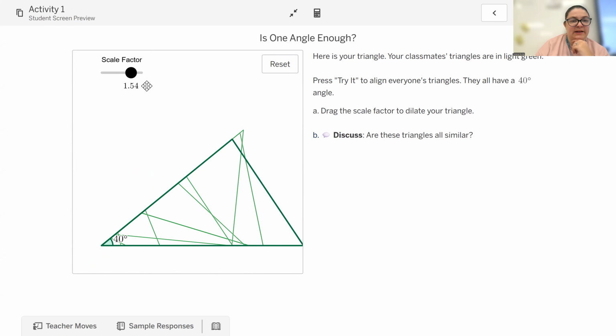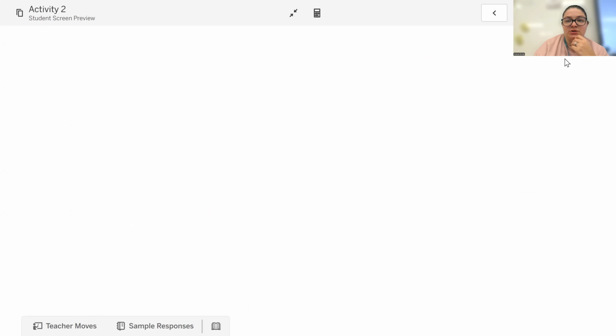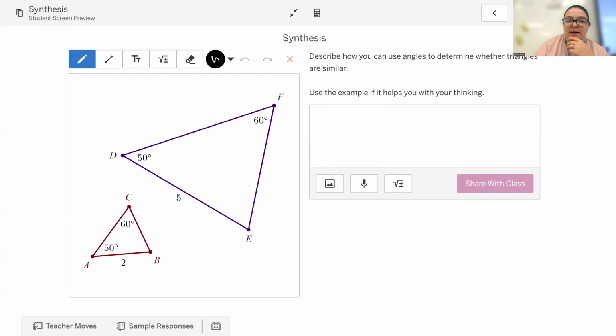When you dilate a shape, your corresponding side lengths are parallel. So this one right here, if I can match it up, is similar to mine. But that's the only one that matches up with mine. Okay? So we'll do that in class.